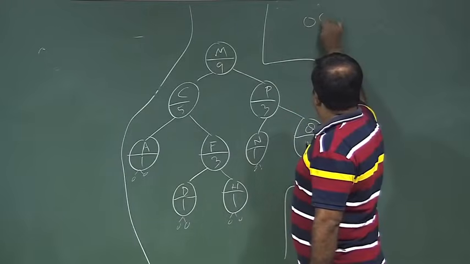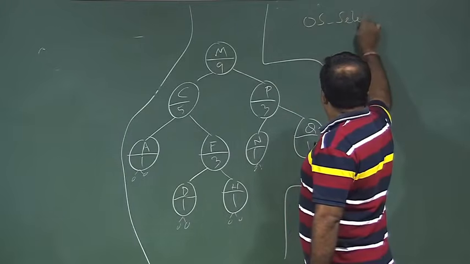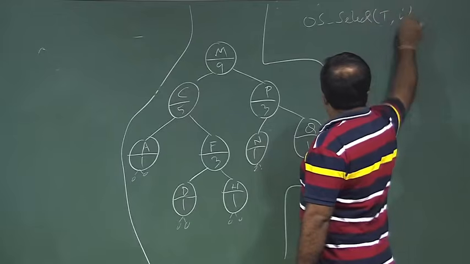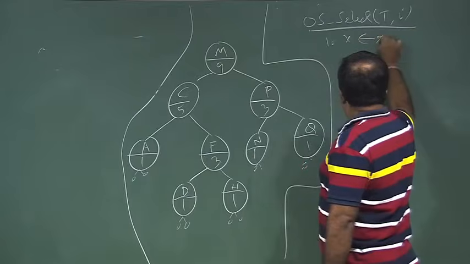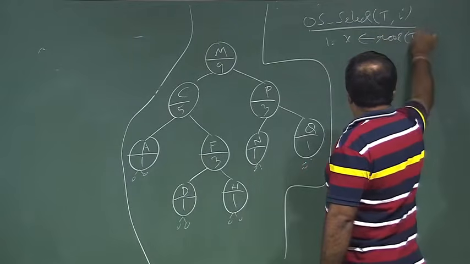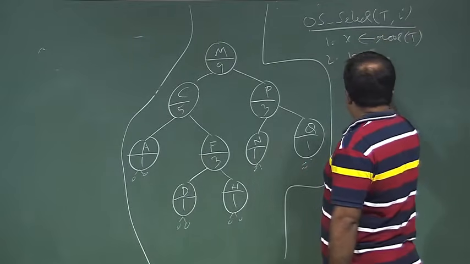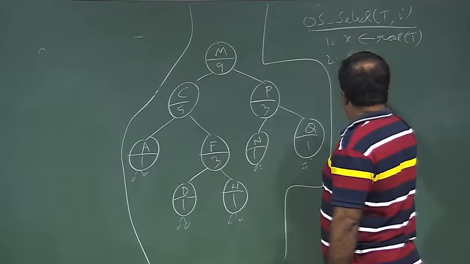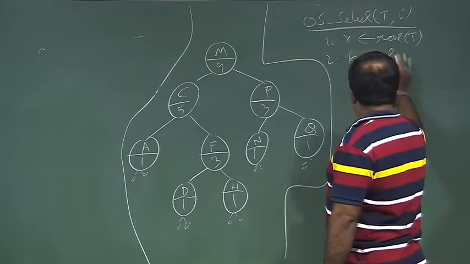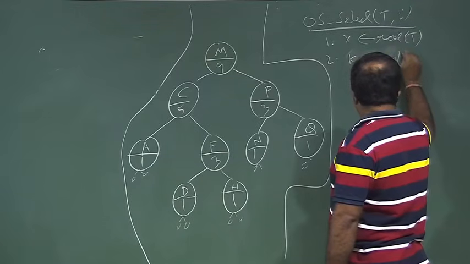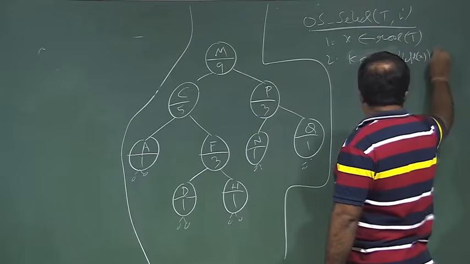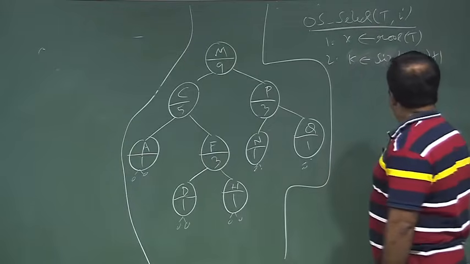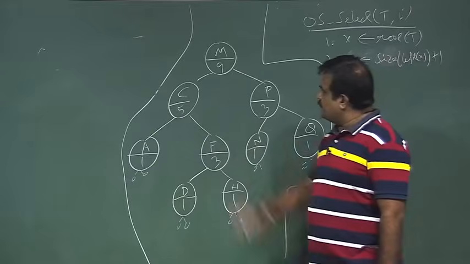So, OS select (T, i). We put x equal to root of T and then we take k equal to the size of left of x plus 1. Okay, size of left of x plus 1.